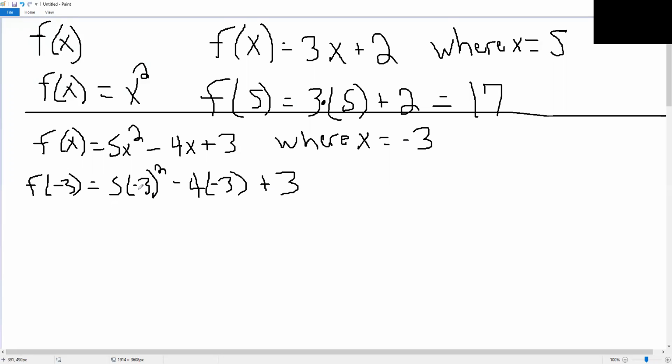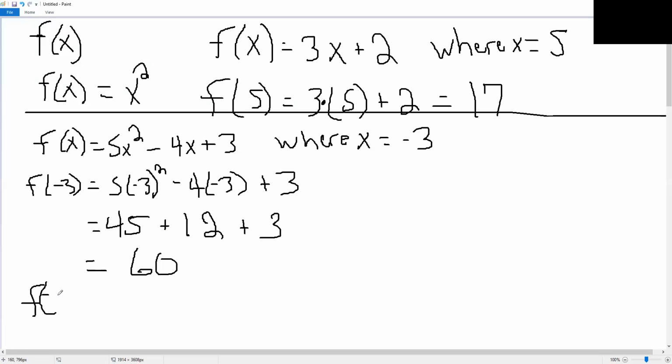And let's see, (-3) squared times 5 is 45 plus 12 plus 3. And that equals 60. So we could say that f of -3, the function at -3, is equal to 60.